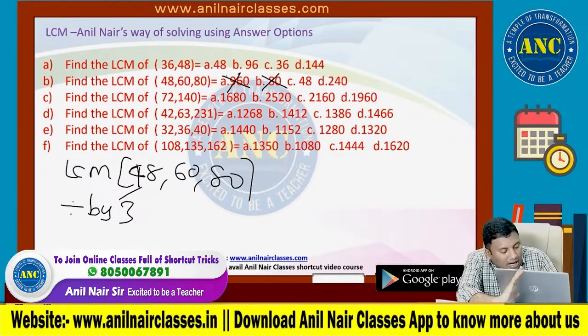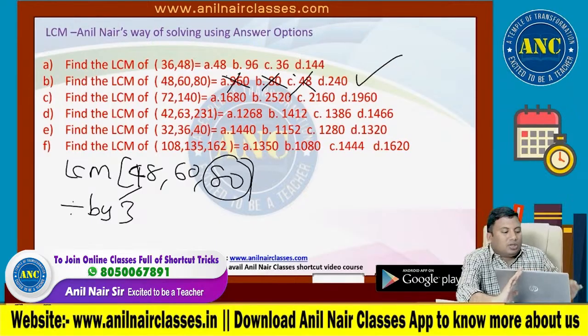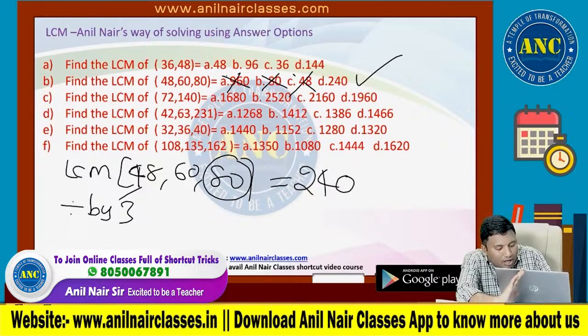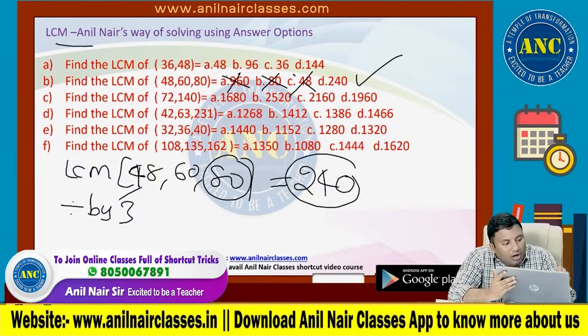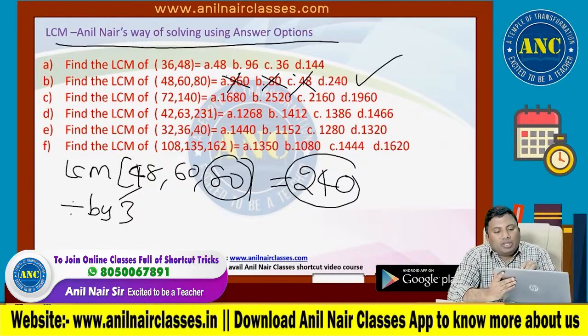LCM comes out from the highest number. It cannot be the lowest number. Answer is 240. Remember, you can also do LCM by using answer options in two methods.